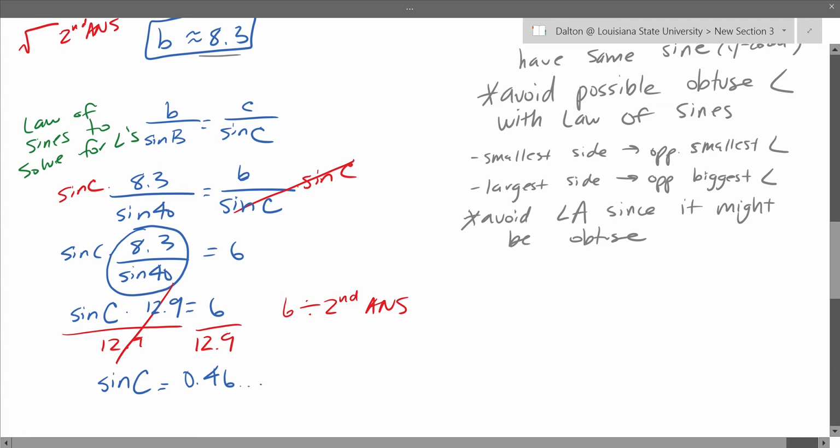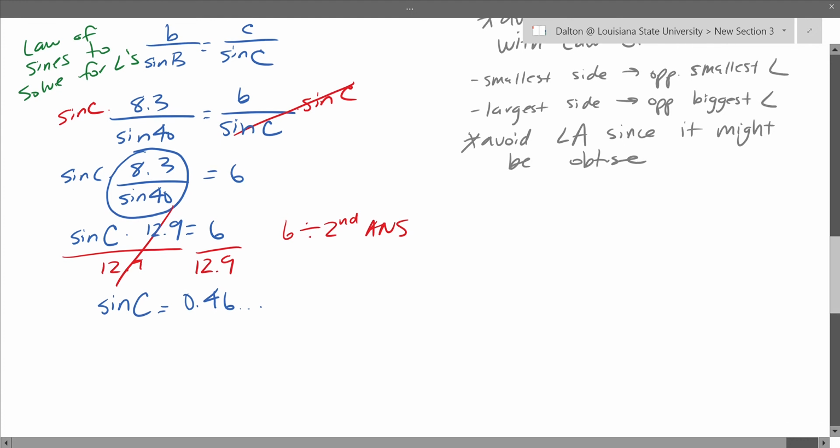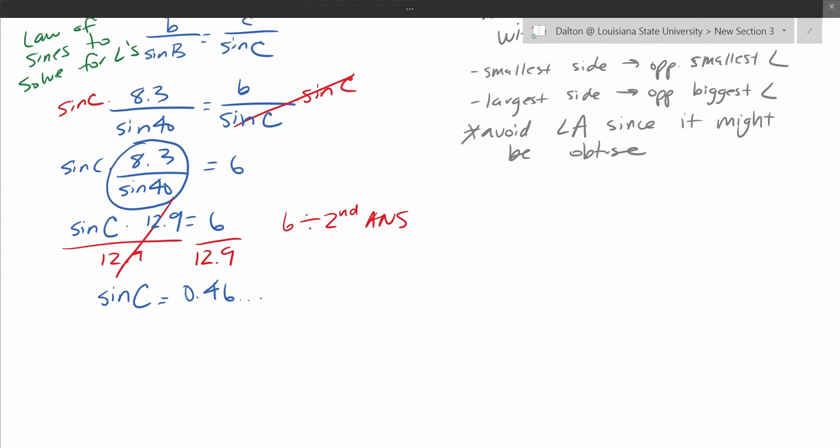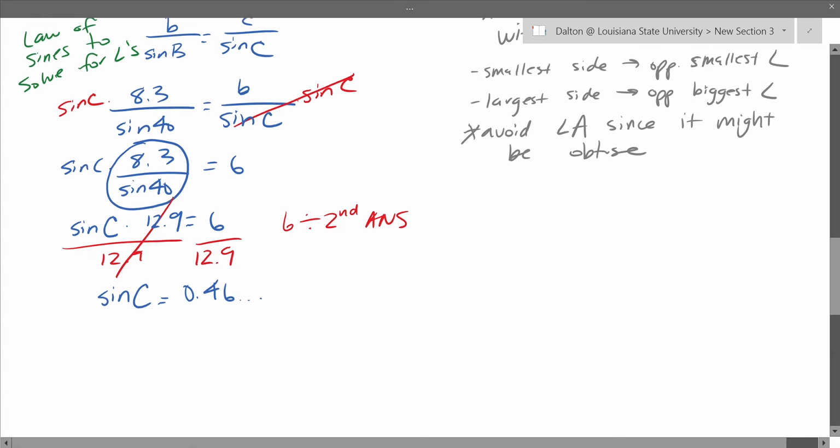To isolate C, I need to get it out of sine. In order to do that, the opposite of sine, or the inverse of sine, is literally sine inverse. So I'm going to take the sine inverse of both sides. It cancels on the left, just leaving me with C is equal to the sine inverse of 0.46, and so on.